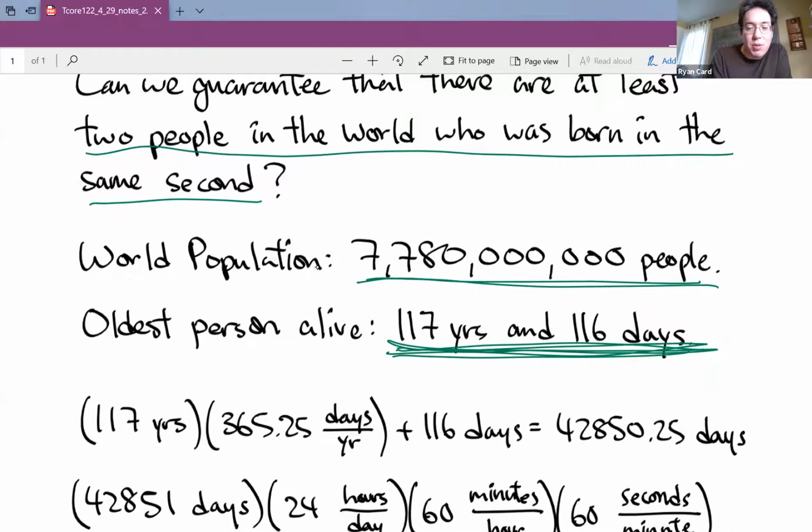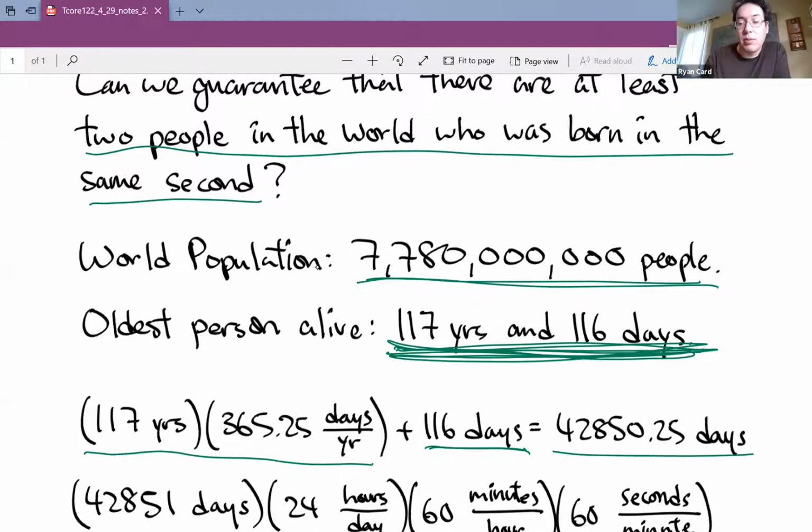Well, converting this into how many days they are. In 117 years, there's 365 and a quarter days per year, quarter because of leap days. And they're 116 days beyond that. So that's about 42,850.25 days.